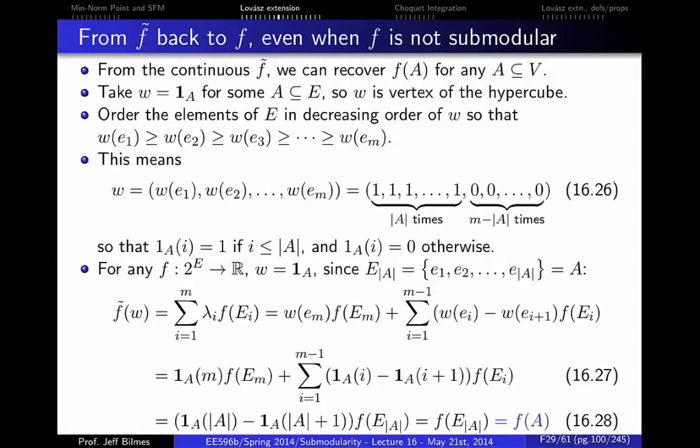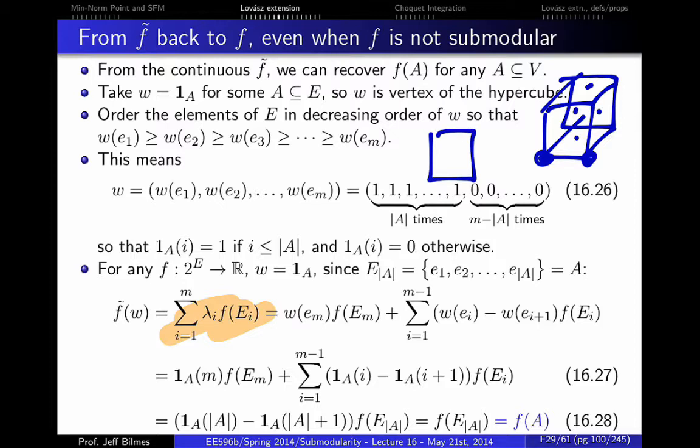Okay. Now we've done this only based on the definition of lambdas. So in some sense what we've done is the following. We've got this hypercube, and we're creating a continuous extension of it, in the sense that we could take any particular point in the interior of the hypercube. Like in 2 dimensions, if the extreme points are here, we could take any point in the interior, any w we want in the hypercube.